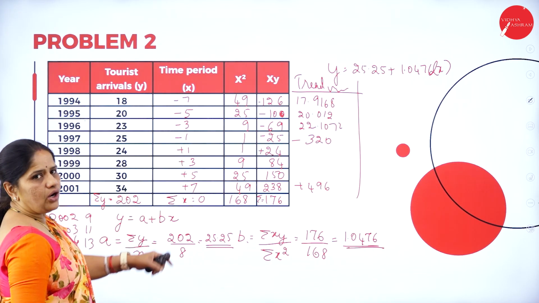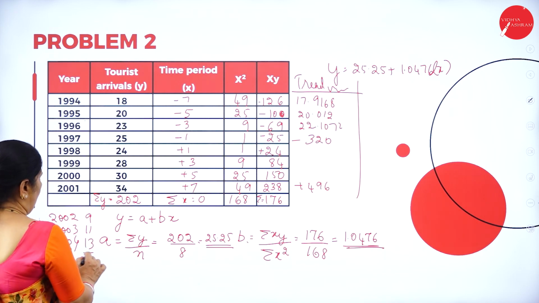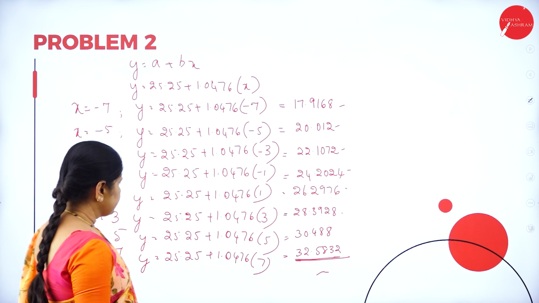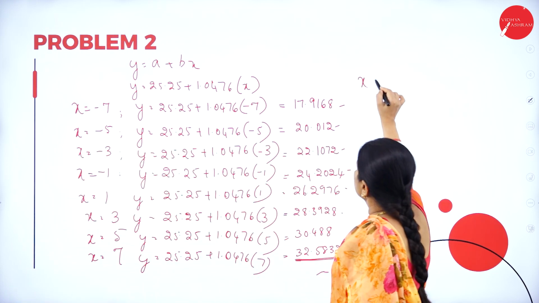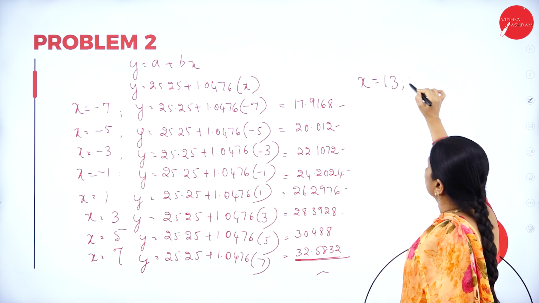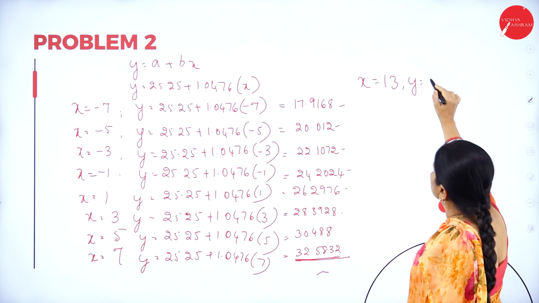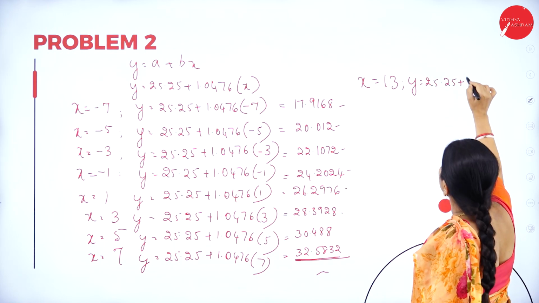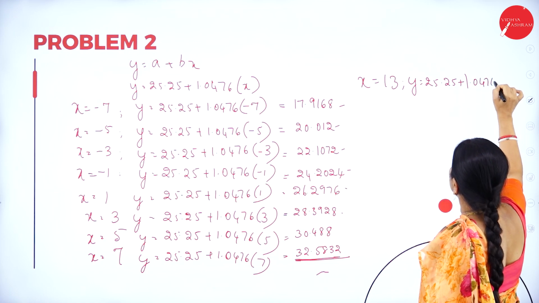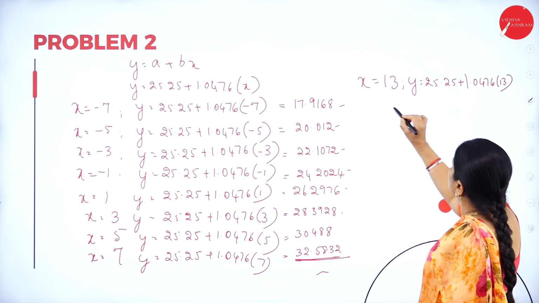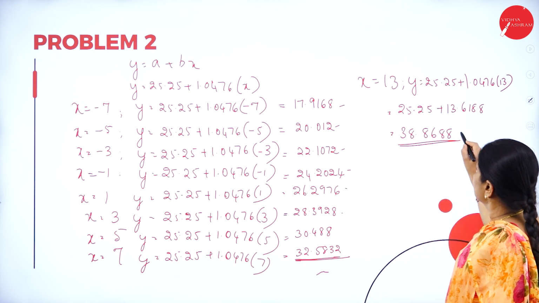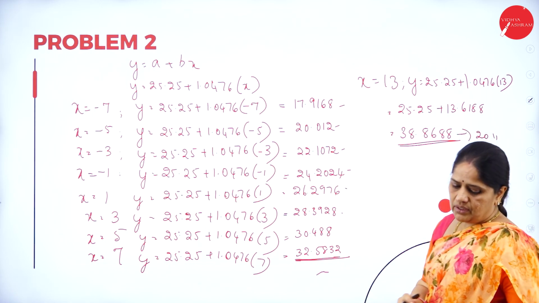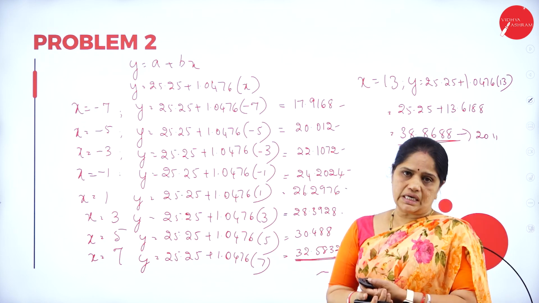Continue with the odd numbers. So for 2004 it is 13. When x equals 13, y will be equal to 25.25 plus 1.0476 into 13. So we got the trend value. This will be the number of tourists in 2004. So in this way, we have to work out the problem.